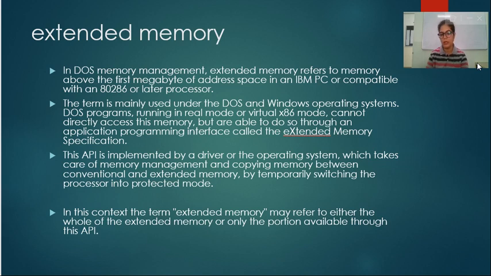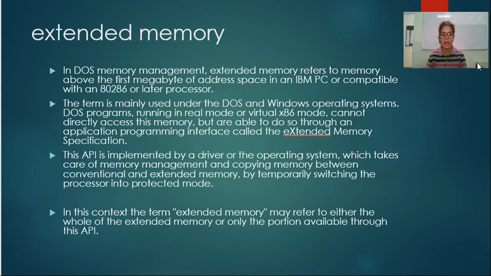They cannot directly access this memory, but they are able to do so through the application programming interface, the API, which is known as the extended memory specification. Basically, the extended memory specification provides an interface for how we can use the memory.